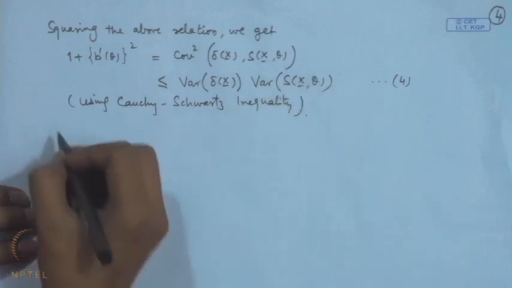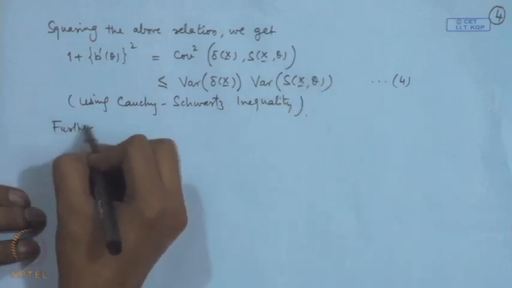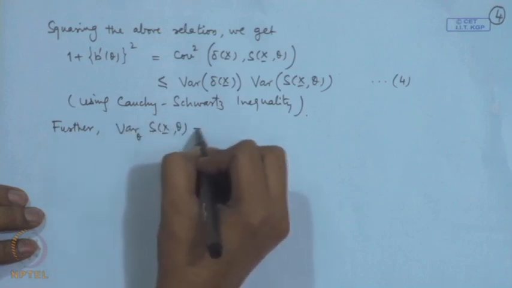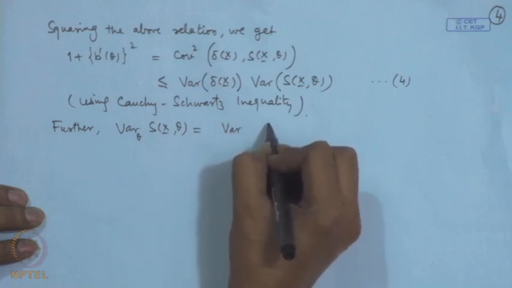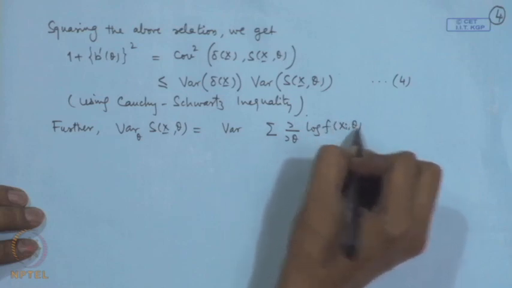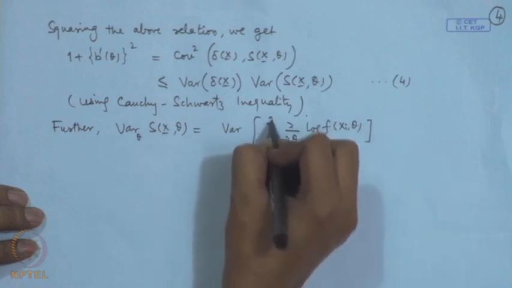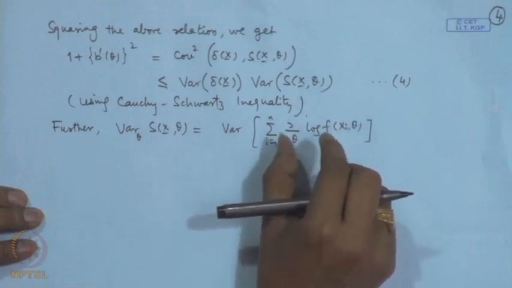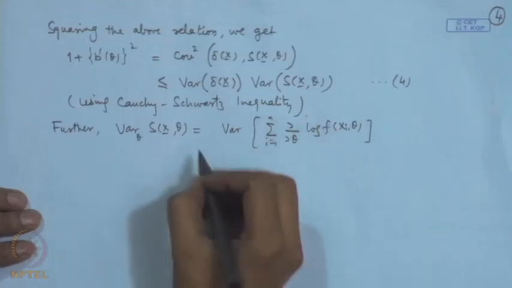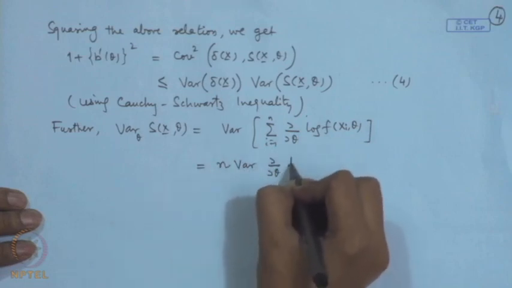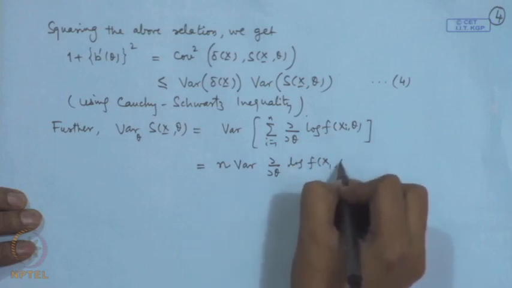So, the variance of S x theta is equal to the variance of sigma del by del theta log of f x i theta. Now, this is a variance of a sum. Each term in the sum involves each x i. The x i's are independent and identically distributed random variables. So, this becomes nothing but n times the variance of del by del theta log of, say, f x 1 theta.